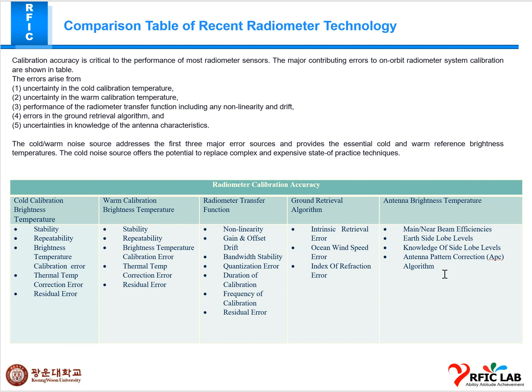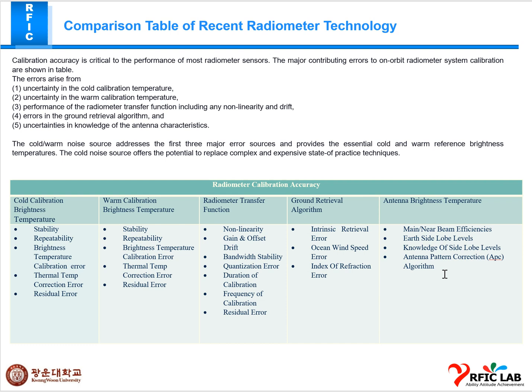Somewhat the same as in cold calibration, the radiometer transfer function has non-linearity, gain, offset, drift, bandwidth stability, quantization error, duration of calibration, frequency of calibration, and reliability of error.